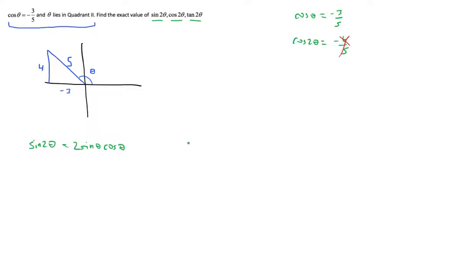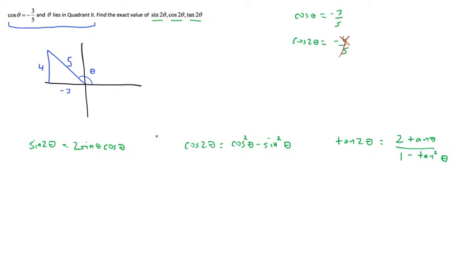Similarly, cosine of 2 theta is going to be cosine squared of theta minus sine squared of theta. And tangent of 2 theta is going to equal 2 times the tangent of theta all over 1 minus tangent squared of theta.